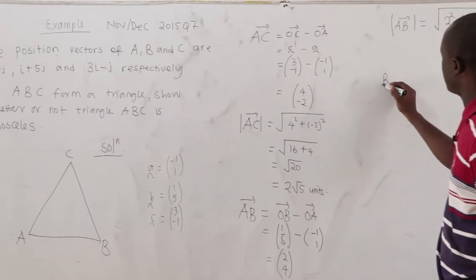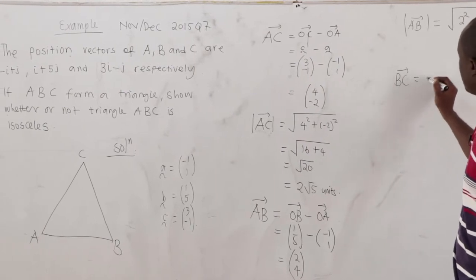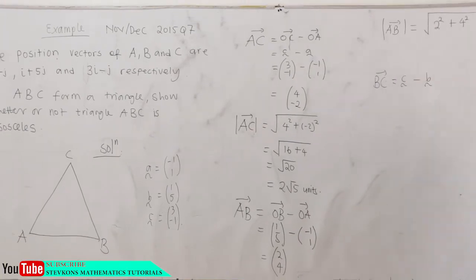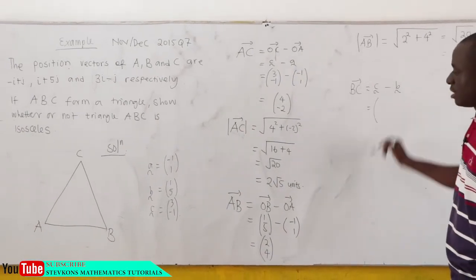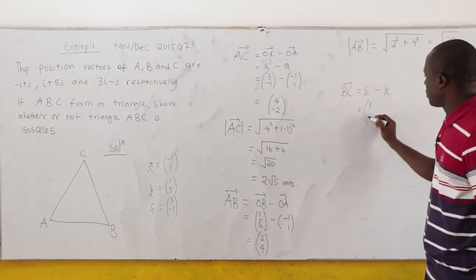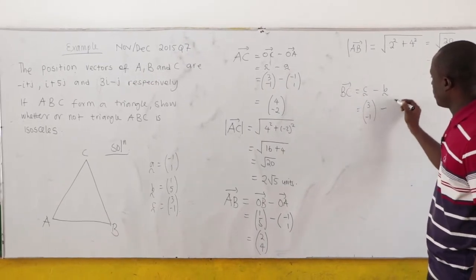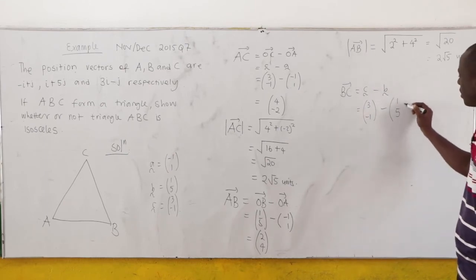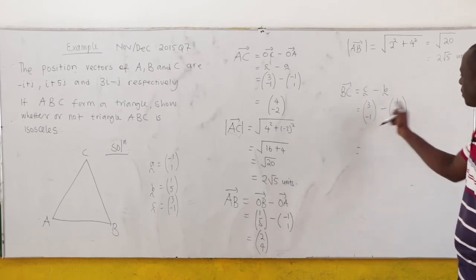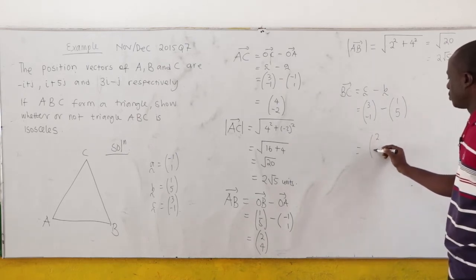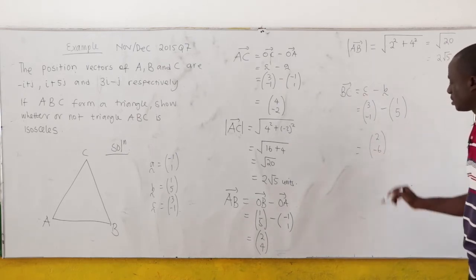Now, the third side is BC. So let's find BC. Now, this is the same as C minus B. Now, what is the point C? Our point C is the same as 3, negative 1. And then what is the point B? 1, 5. Now, 3 minus 1, that is 2. And negative 1 minus 5 is negative 6.